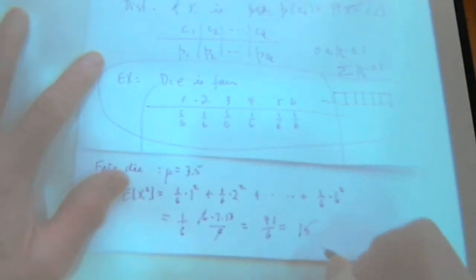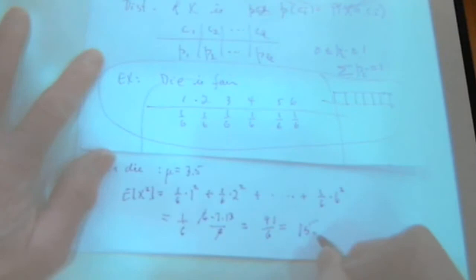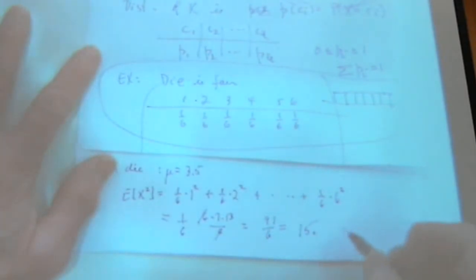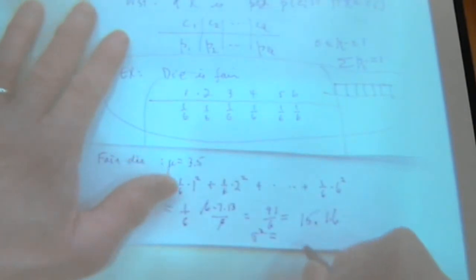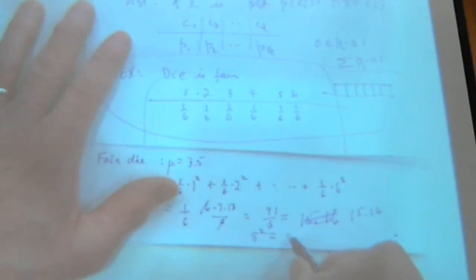So 1596. Is that right? It's 6. 0.16. So then the variance would be, someone should check.